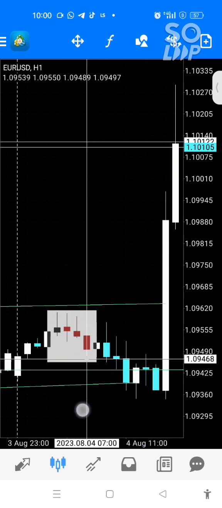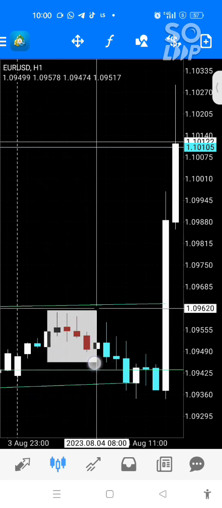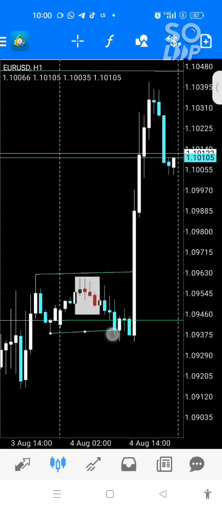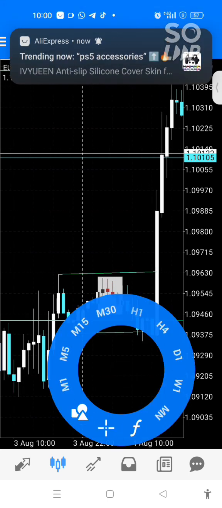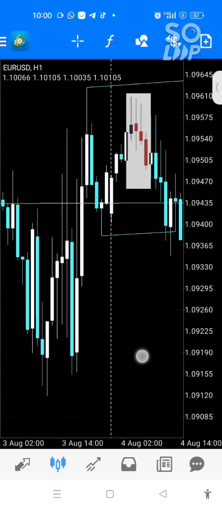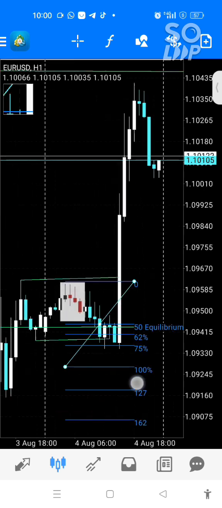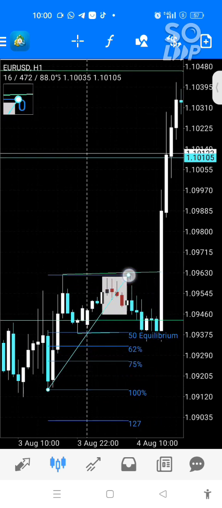Now, this is a mini range inside that range. The reason why I'm calling your attention to this range is for you to know that you can get a setup sometimes, but not all setups are high probability setups. Now, when I told you about market structure or dealing range, this is a low that broke this high, right?